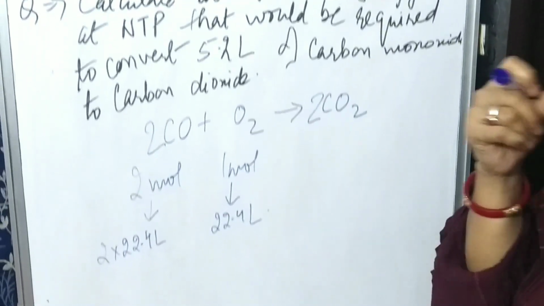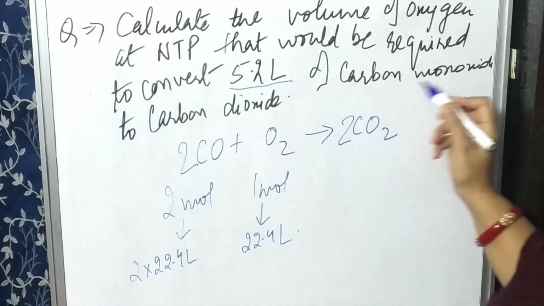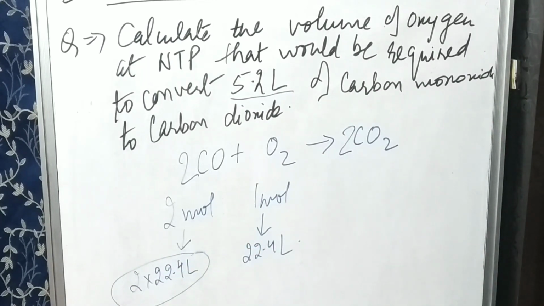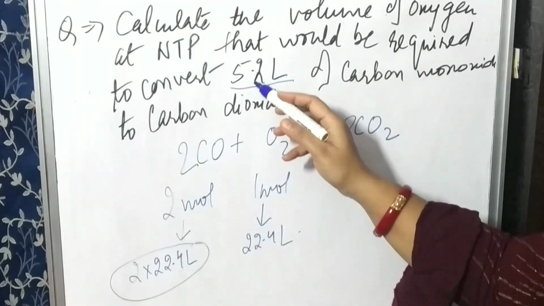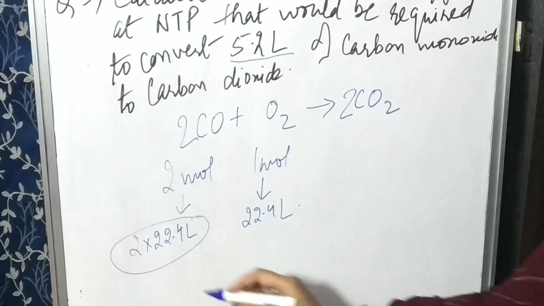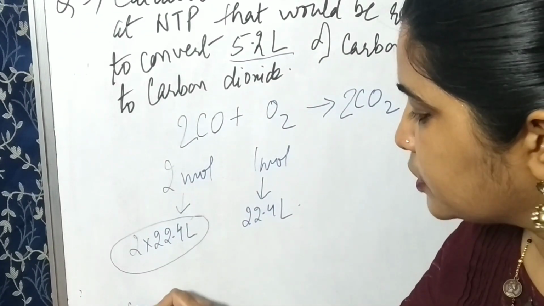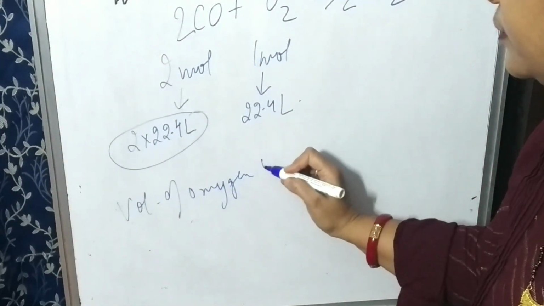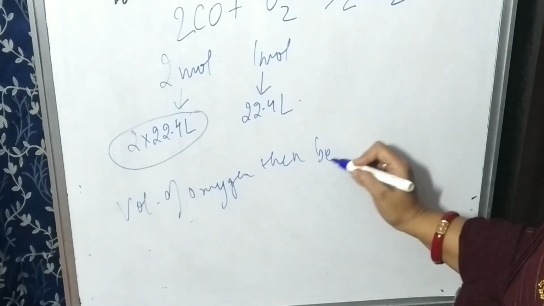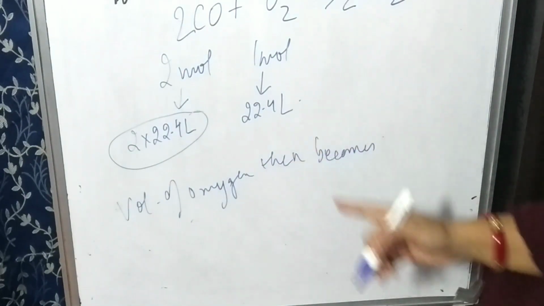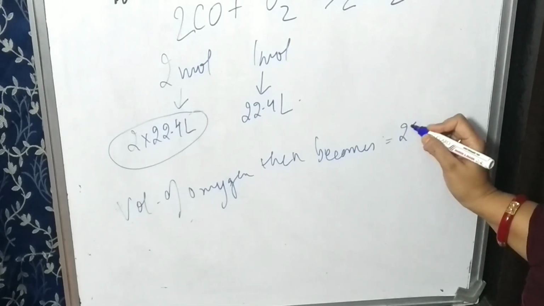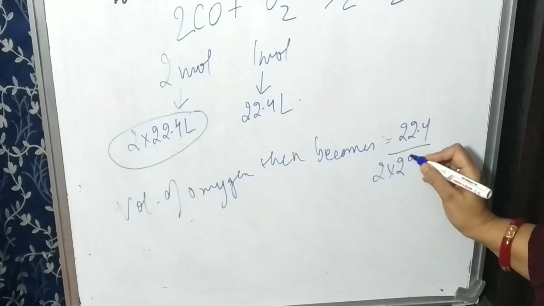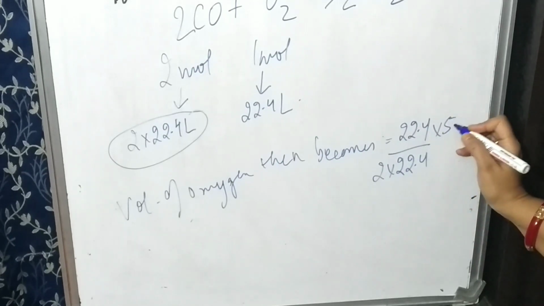When we talk about 5.2 liters of carbon monoxide, this corresponds to the 2 moles of carbon monoxide. So the volume of oxygen will be 22.4 by 2 into 22.4 into 5.2.